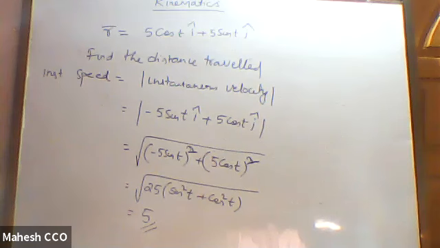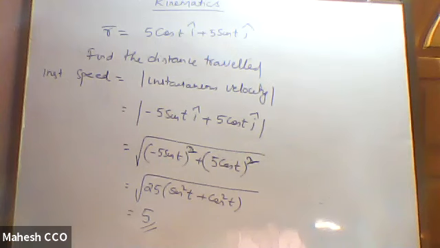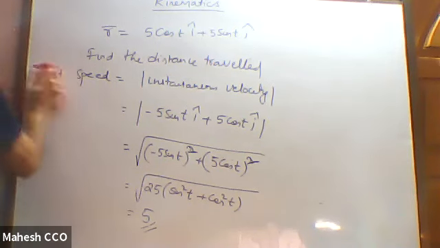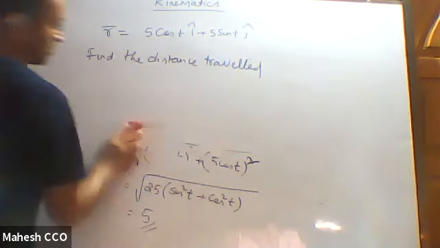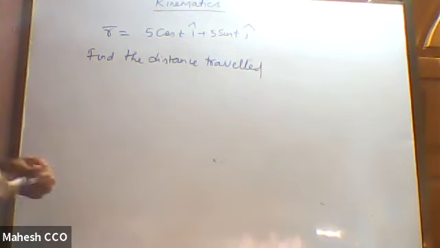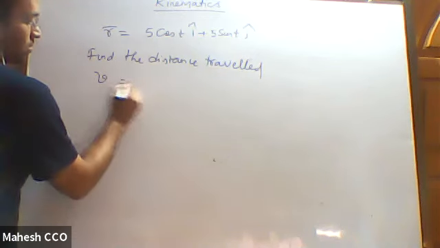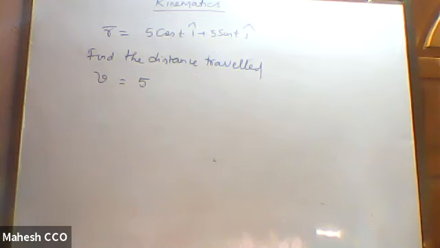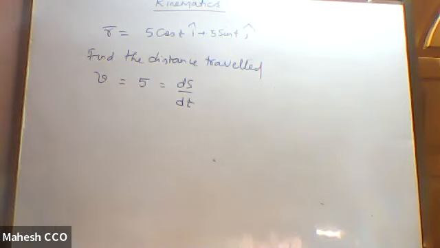If it is moving with constant speed, directly distance traveled will be speed into time. Let me tell you one thing. The instantaneous speed v, which here we found as 5, can be written as ds by dt, where s is the distance traveled.